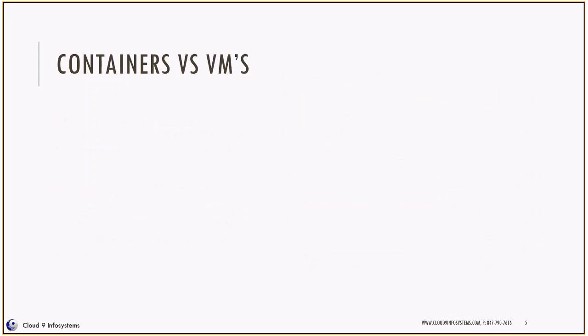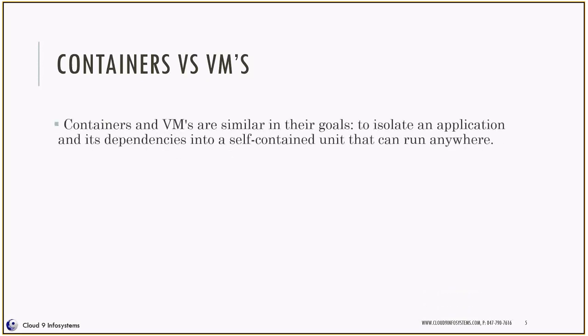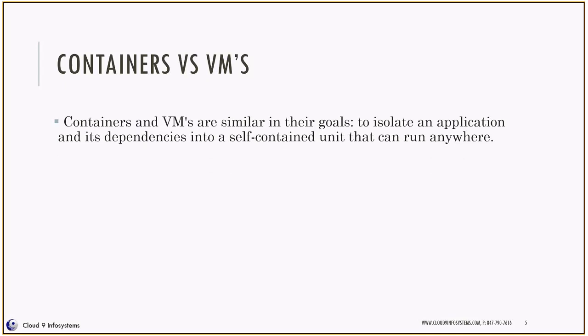Next, we'll talk about containers and virtual machines. Now, there's been a comparison that keeps going on around the world. Both of them ideally share similar goals. They isolate an application and its dependencies into a self-contained unit which can be run anywhere in the world.